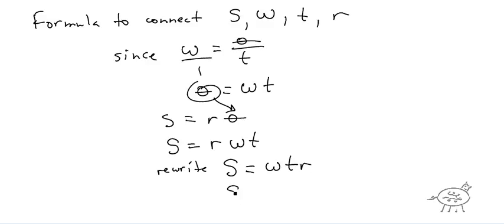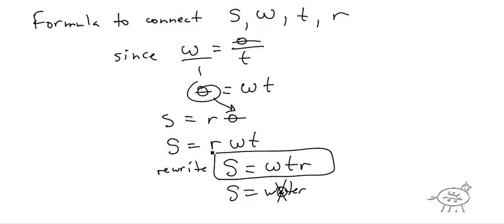And I look at that as S equals water. Okay, there's no A, because the A goes on your paper. Pretty clever, right? All right, okay. But that's just a good formula to know here, that the arc length is the angular velocity times time times radius. Okay?